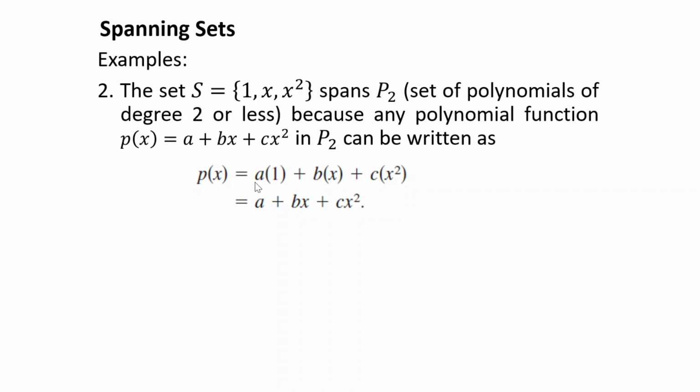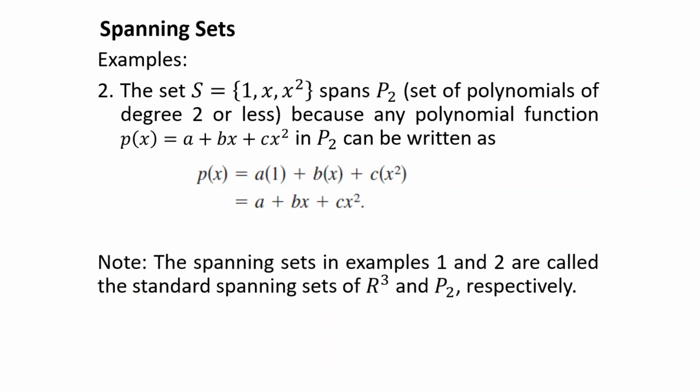And then we have the scalars, or the real numbers a, b, c. So we have p of x here. So again, since we can write each polynomial in P sub 2 as a linear combination of this, then we say that S spans P sub 2. Note that the spanning sets in examples 1 and 2 are called the standard spanning sets of R3 and P sub 2 respectively.